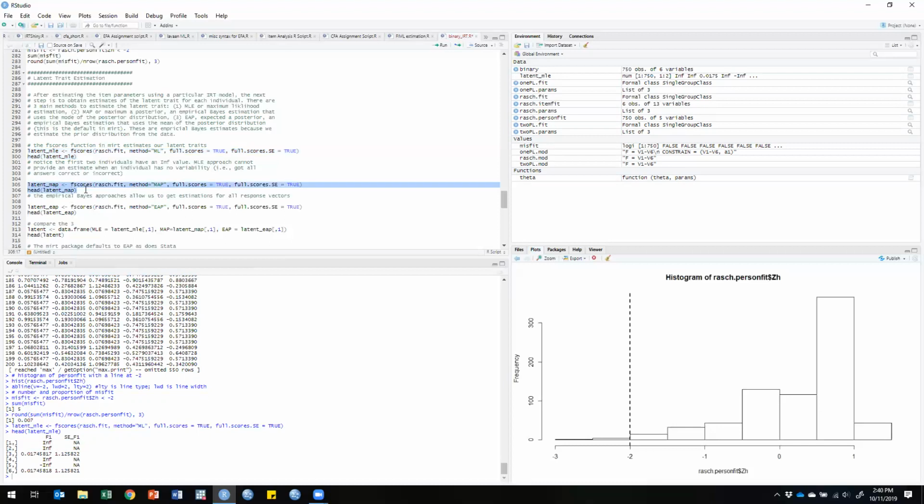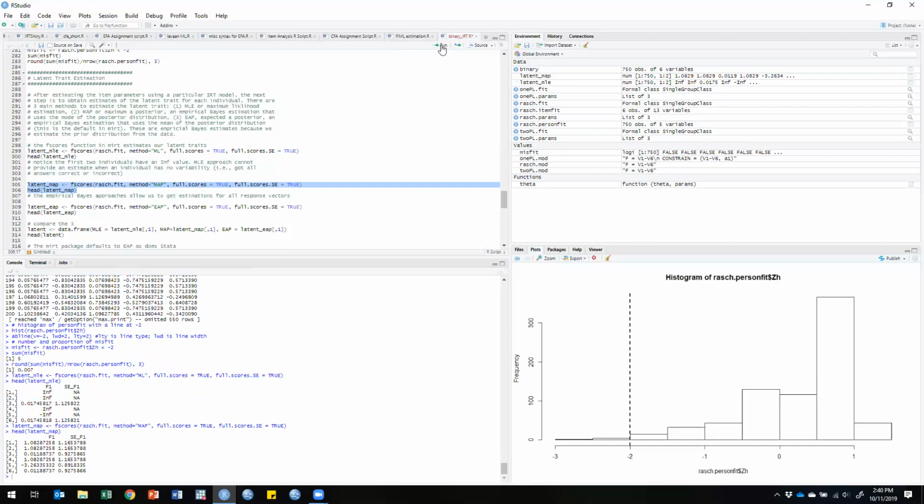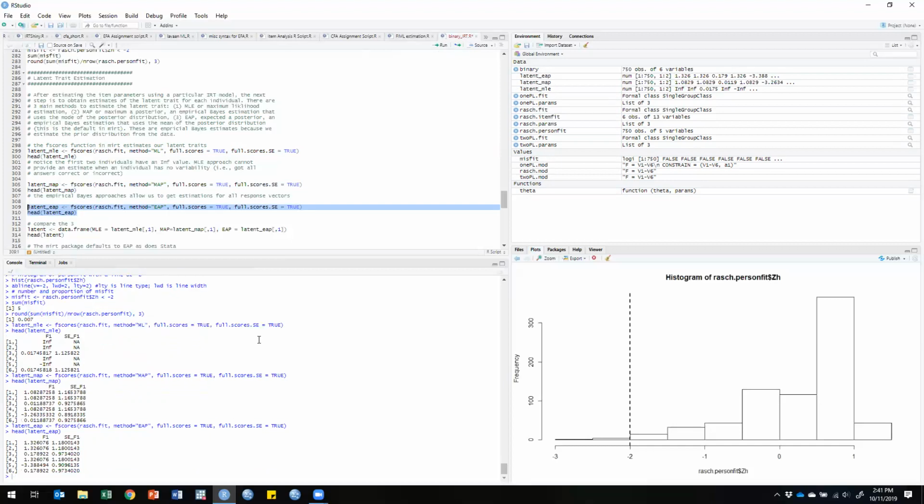With using an empirical Bayes estimate, we can get an ability estimate for all response types. So I think that's why a lot of them default to using the empirical Bayes estimation. It's an empirical Bayes estimate because we don't set our prior distribution. The prior distribution is being estimated from the data. That's why it's called empirical Bayes.